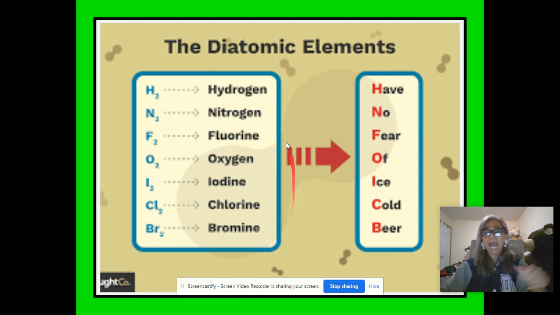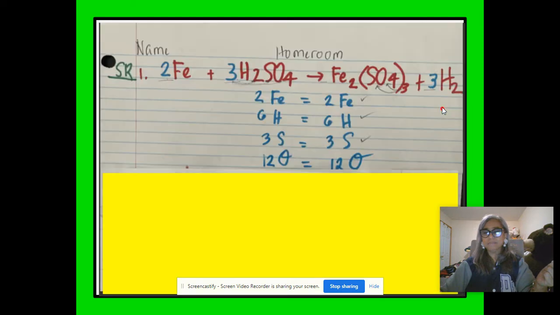And if I ask you what are the seven diatomic elements, how would you know that? Right? So I have here a mnemonic: have no fear of ice cold beer. Okay, so that would help you memorize the diatomic elements.